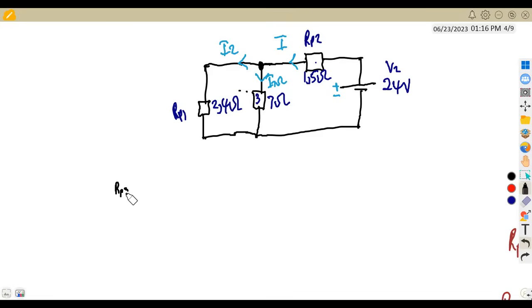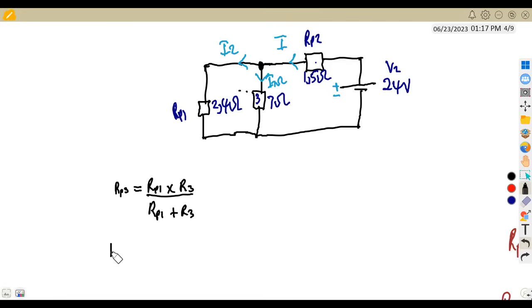Let's just say RP3, since we've got RP1, RP2. So we are going to have the third parallel combination, which is the product over sum of these two resistors. This is the product of RP1 times R3, which is our 7 ohm, over the sum of RP1 plus R3.